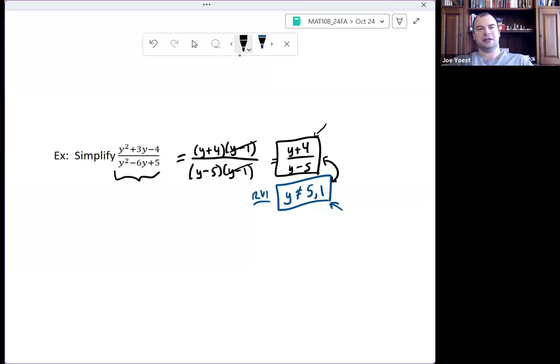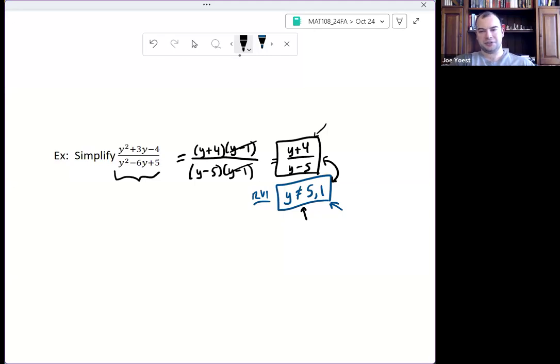So we want to make sure to find our restricted values and note those, and then do our simplification. And then those two pieces combined give the answer. So the simplified version of this rational expression is y plus 4 over y minus 5, where y is not equal to 5 or 1.